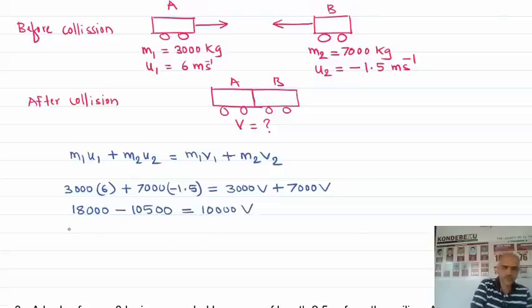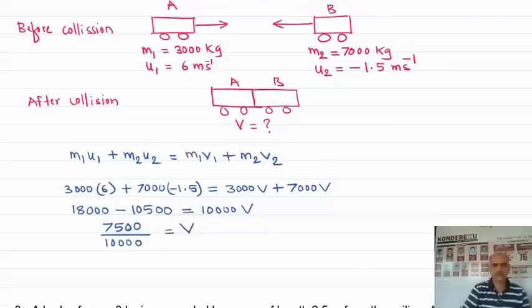So 18,000 minus 10,500, you will get 7500, divided by 10,000 is equal to v. So two zeros get cancelled. Therefore you will have v equal to 0.75 meters per second.